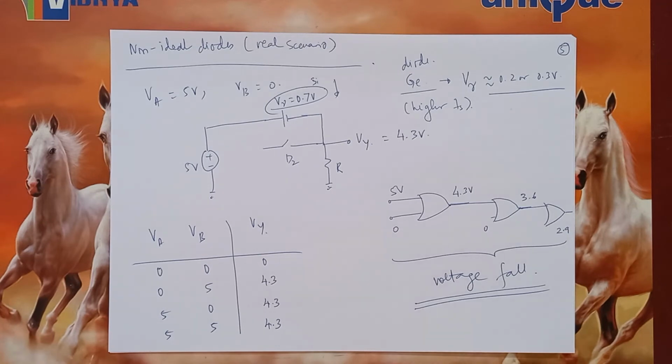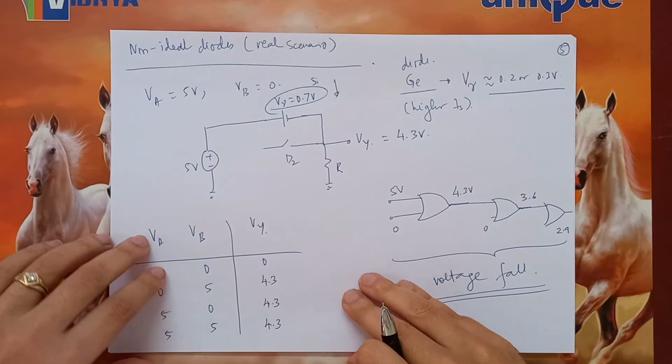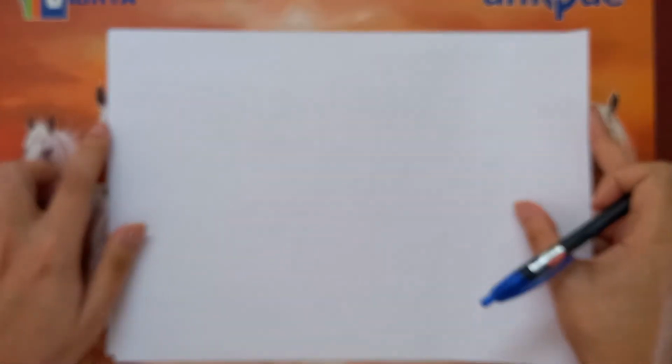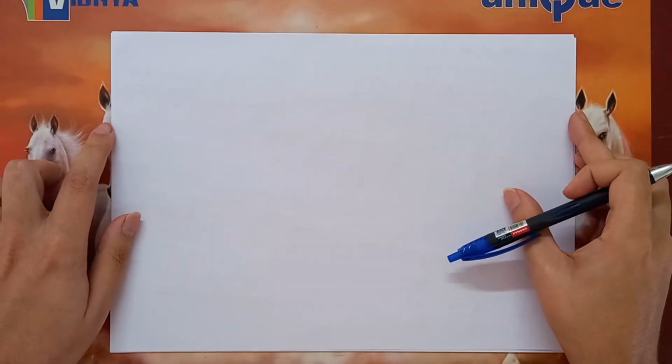before we discuss that, let us see what if we had ideal diodes, what would an AND gate look like? What would an AND gate look like using ideal diodes?